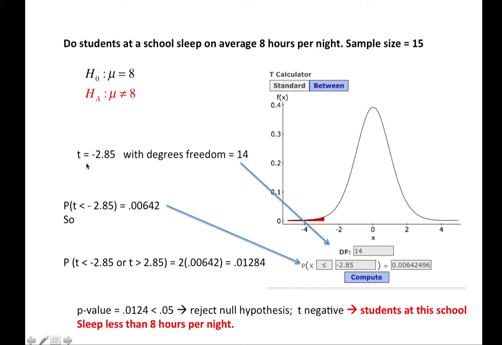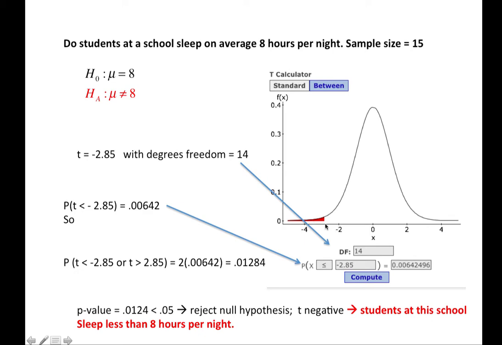We saw in the previous video that the calculated t statistic based on the sample data was negative 2.85. 15 for a sample size means 14 degrees of freedom. The calculated t was negative 2.85.